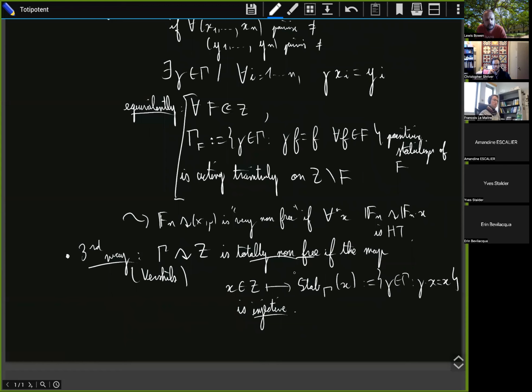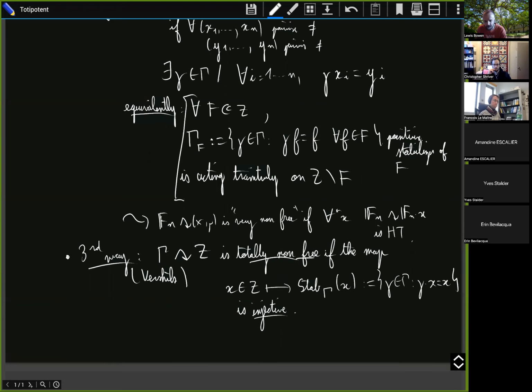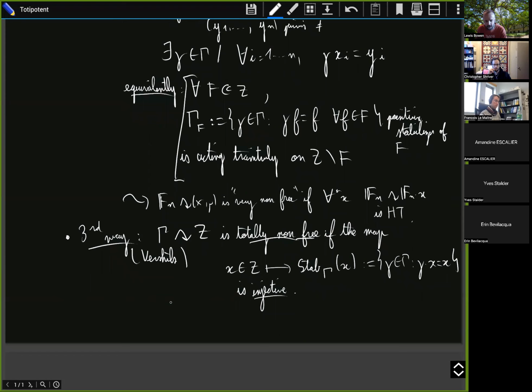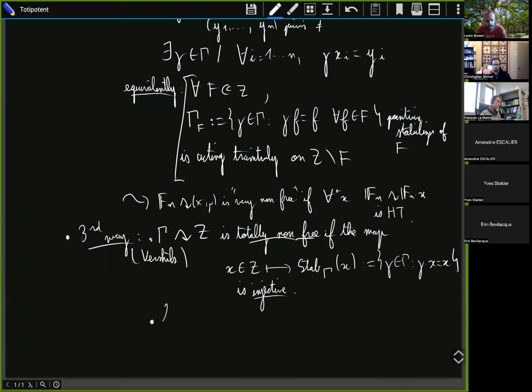Well, when you have a free action, all the stabilizers are trivial, so this map is never injective unless you're just acting on a singleton. So free actions are never totally non-free.